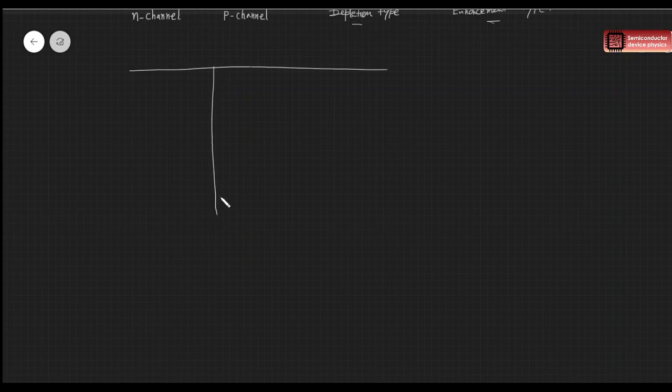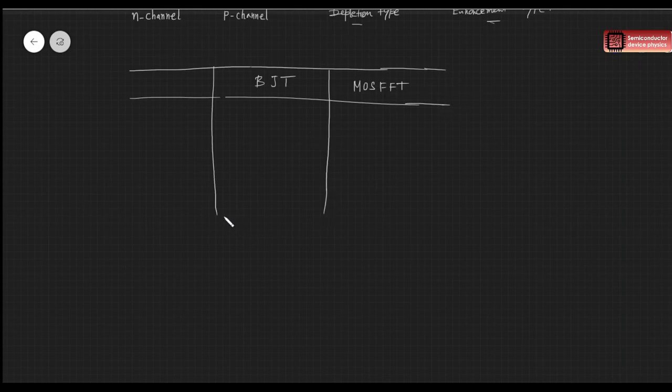We are comparing BJT, bipolar junction transistor, and then we have MOSFET. We'll see what the advantages and disadvantages of going with a MOSFET are by comparing this table. So we are comparing here, comparison.